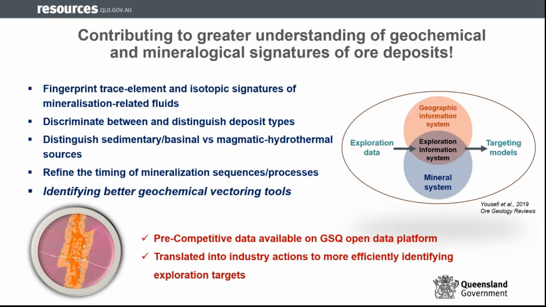It will be helpful for vectoring, for distinguishing the sources, to resolve the different types of deposits, and identify better geochemical vectoring. So as a whole, as pre-competitive data, we really hope this provides you some good ground for your successful exploration.